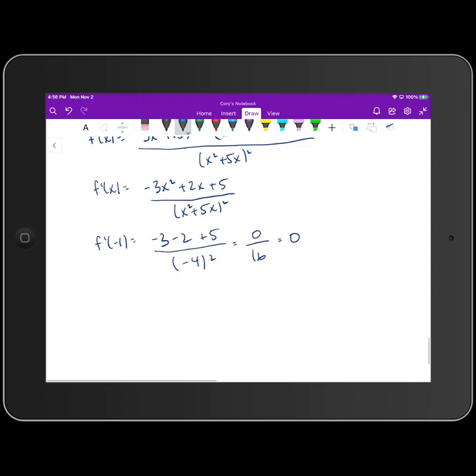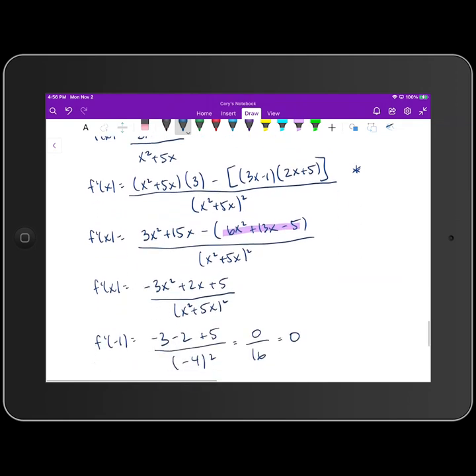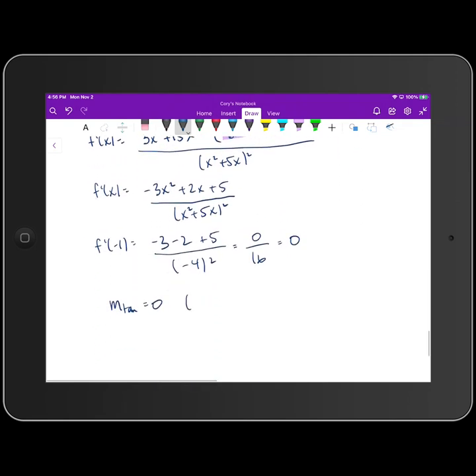So the slope of the tangent line is 0, and it passes through the point negative 1, comma 1. If the slope of our tangent line is 0, that means our tangent line is a horizontal line, which means the tangent line is y equal to some number.